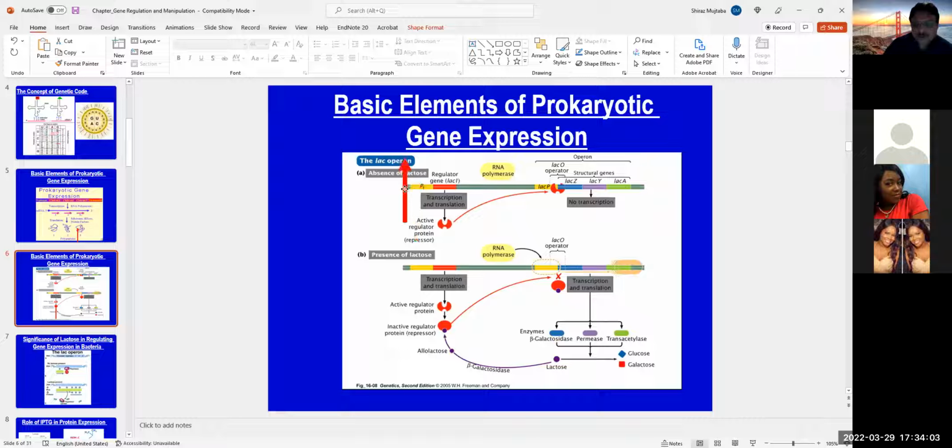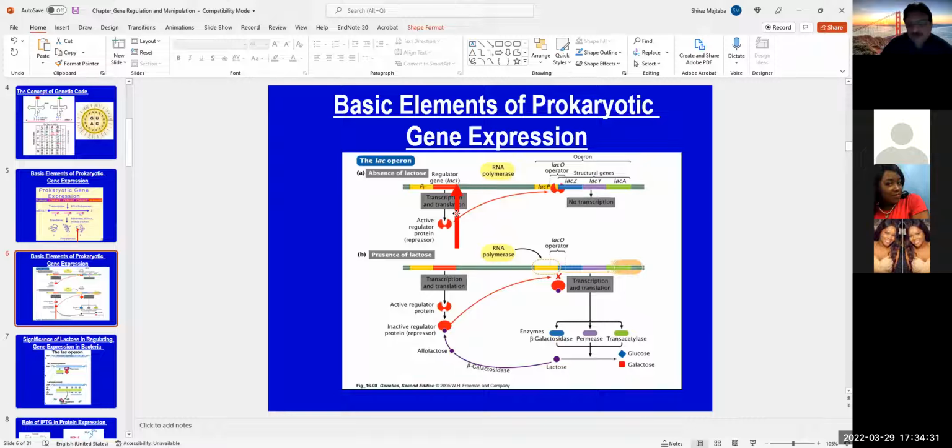So a lac operon would be made up of a regulator, then a promoter where the RNA polymerase binds, and the 3 genes: LAC-Z that codes for beta-galactosidase, LAC-Y that codes for permease, and LAC-A that codes for acetyltransferase or transacetylase.